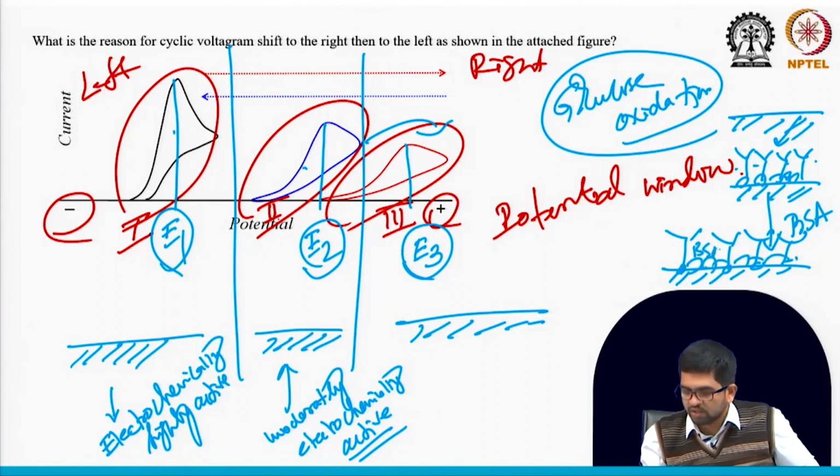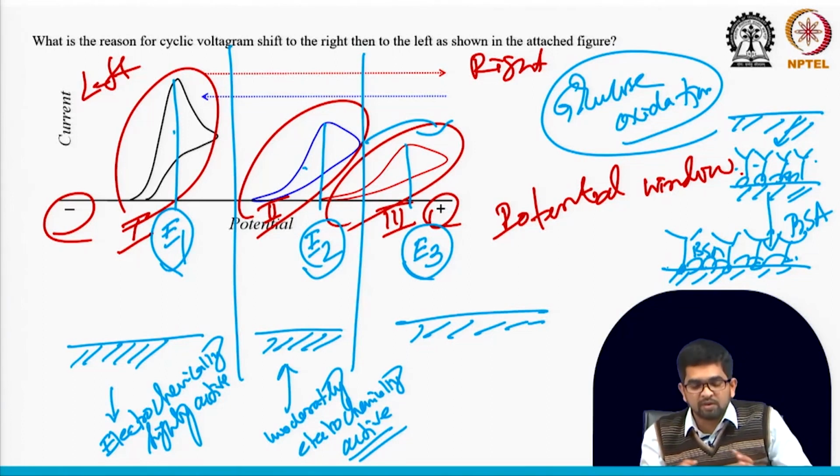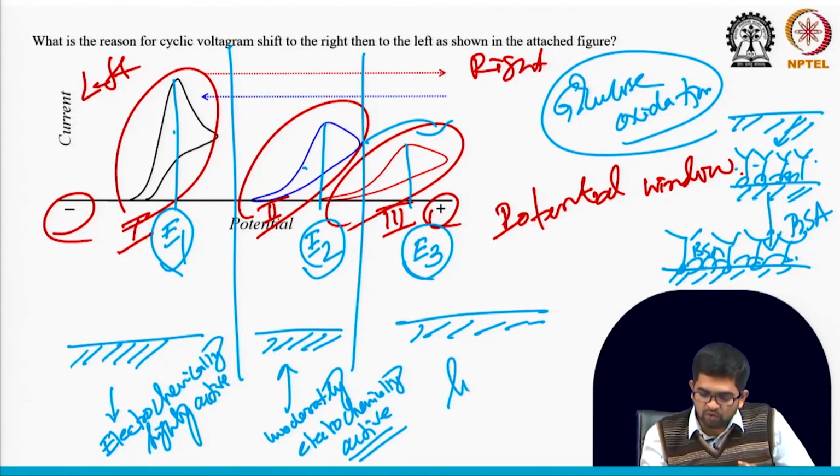That is why your surface becomes a little bit non-conductive again. So it may be lower electrocatalytically active.